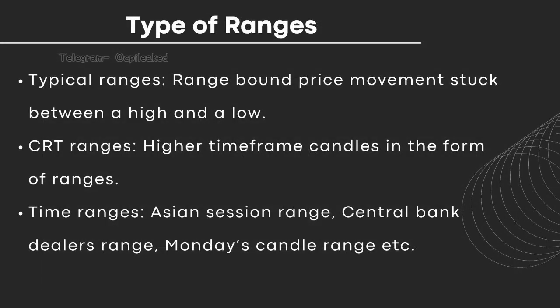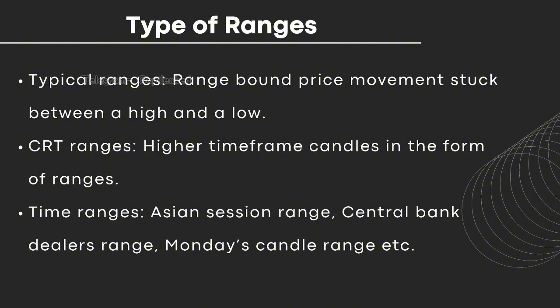Now moving on, here we've got the types of ranges. The first one we've got is the typical ranges, which are a bit subjective, and I rarely ever use these types of ranges because first of all they're subjective and their highs and lows are not clearly defined, but it's necessary to be aware of their structure and dynamics.